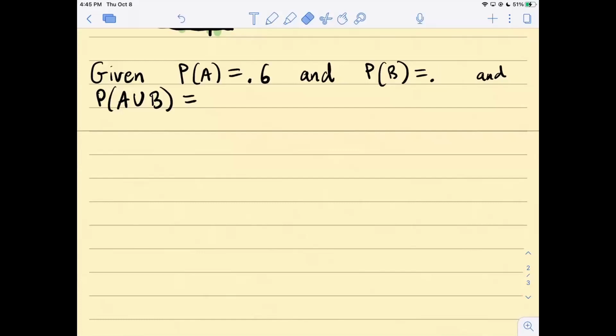Sorry, I keep picking numbers that add up to 1. This would be 0.72. Are A and B independent?